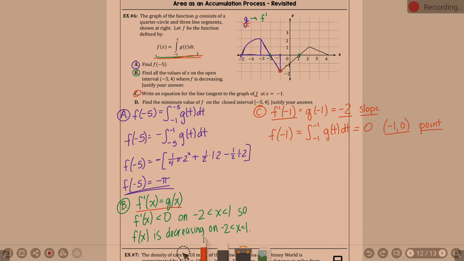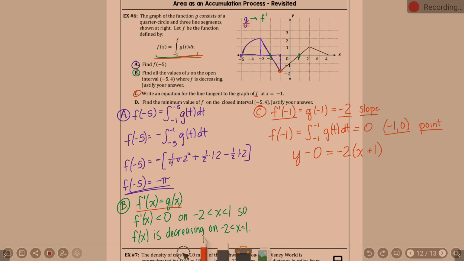And it asks us to write an equation for the line tangent to the graph. I tend to go point slope.